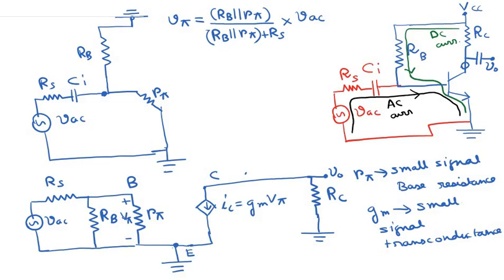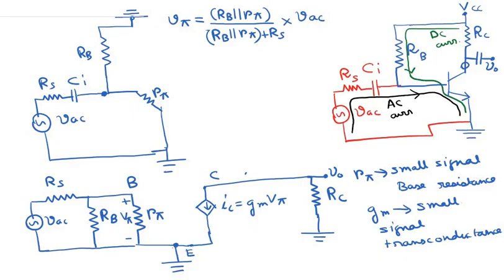This is not difficult to write. We have these two resistors RB and R pi in parallel, and this resistor RS is in series with the parallel combination of RB and R pi. So this formula is not difficult to write.